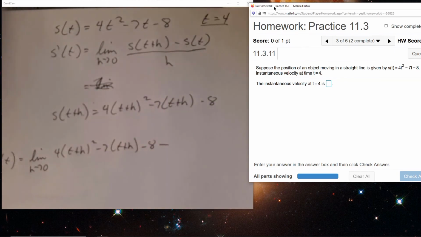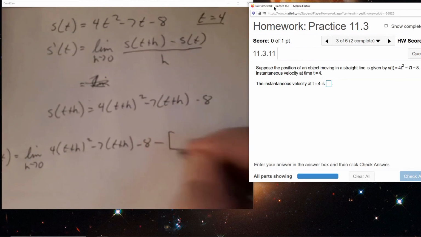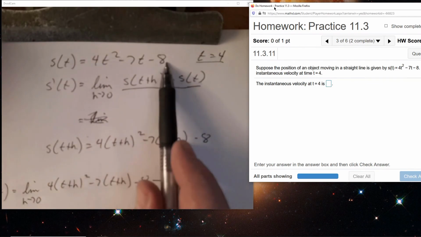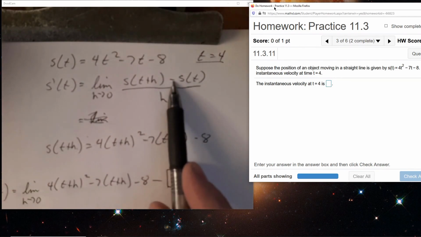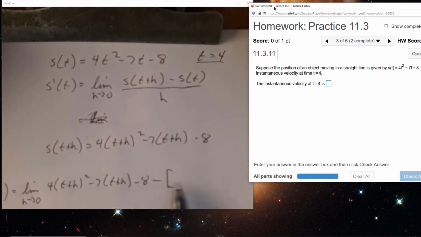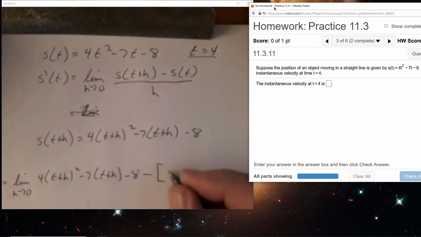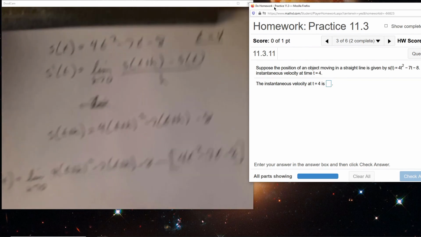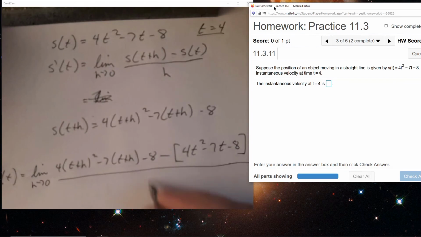So we're going to subtract off the original function. Now the original function has multiple terms that this minus sign will distribute across, so I'm going to use parentheses here. And that's all divided by h.